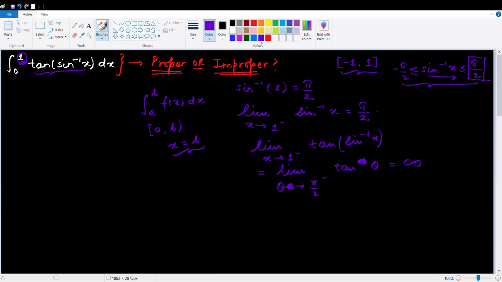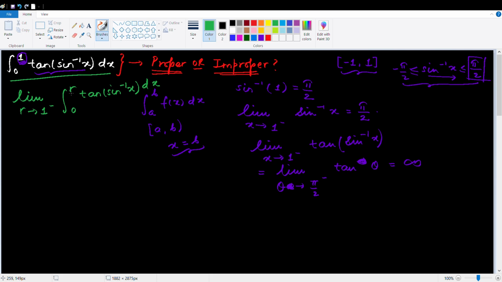So in order to evaluate this integral, we're going to need this limit: r tends to 1 from minus of the integral from 0 to r of tan of sine inverse x dx. Okay, now if this limit exists, we're going to say that the given integral is convergent and the value of this integral is equal to the limit which we just evaluated.